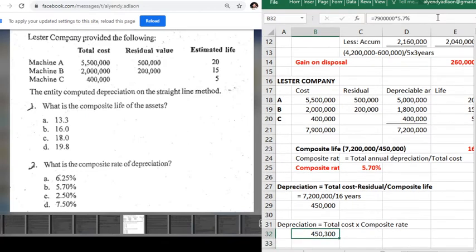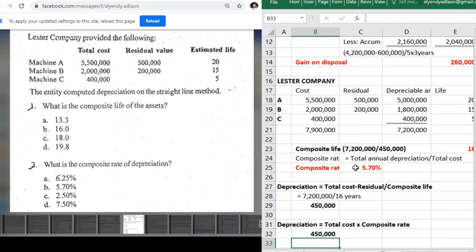Okay, and then we got 450,300. So, if you notice, this is not really equal to what we get if we use the composite life because of course we rounded off our composite rate. But class, if we are really to use the full amount of the composite rate, we will get 450,000 and that is just the same if we use the composite life. Okay, so the difference of 300 is only because we rounded off the 5.70% here. But any method that you use, you will still get the same answer.